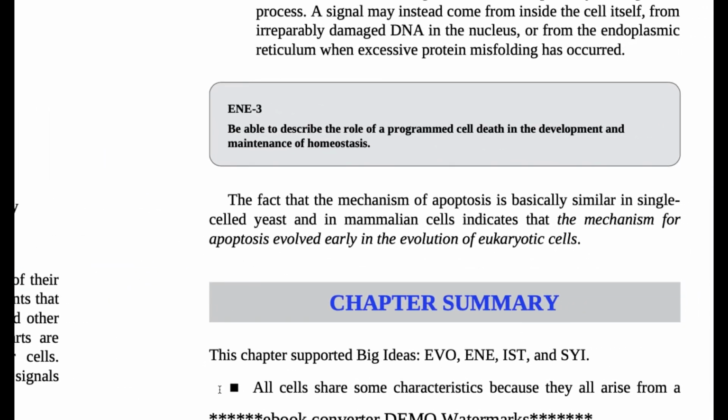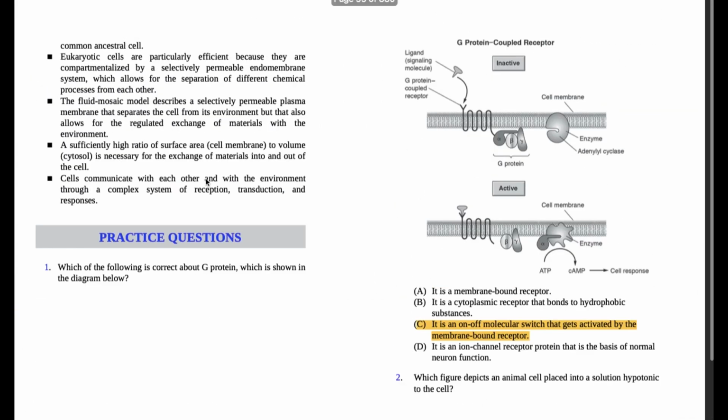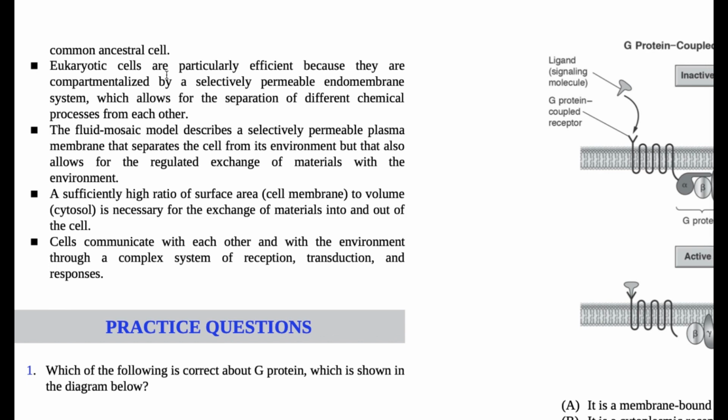All cells share some characteristics because they all arise from a common ancestral cell. Eukaryotic cells are particularly efficient because they are compartmentalized by a selectively permeable endomembrane system, which allows for separation of different chemical processes from each other. The fluid mosaic model describes a selectively permeable plasma membrane that separates the cell from its environment, but that also allows for the regulated exchange of materials with the environment.